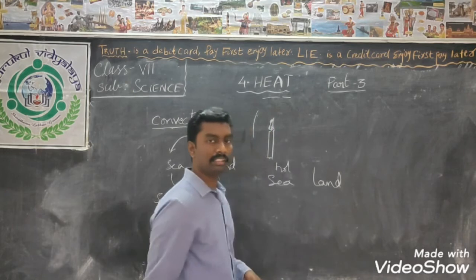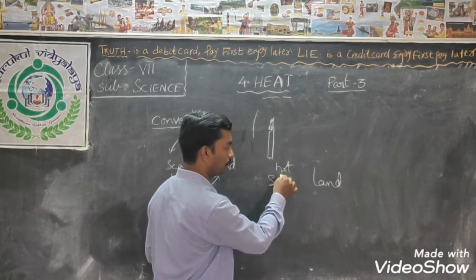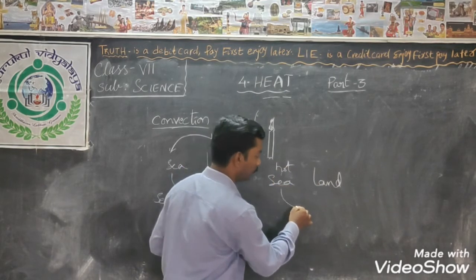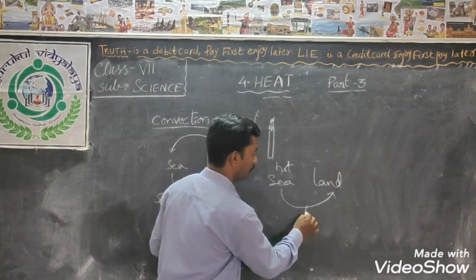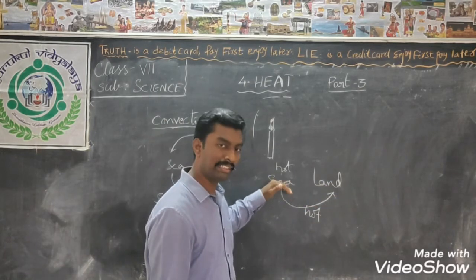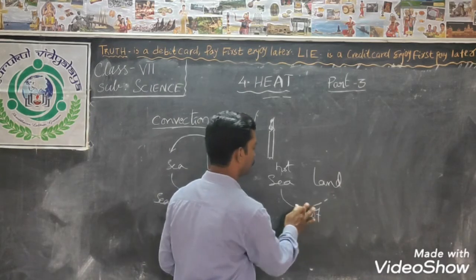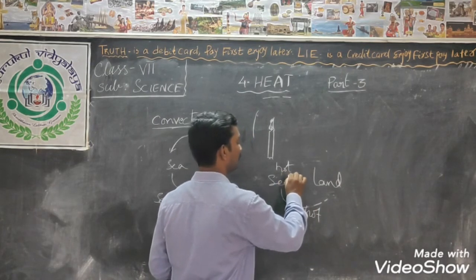What is happening here? This hot air goes to the land. That means the hot air rises and it goes to the land. So no need to write like this. You can just understand like this.